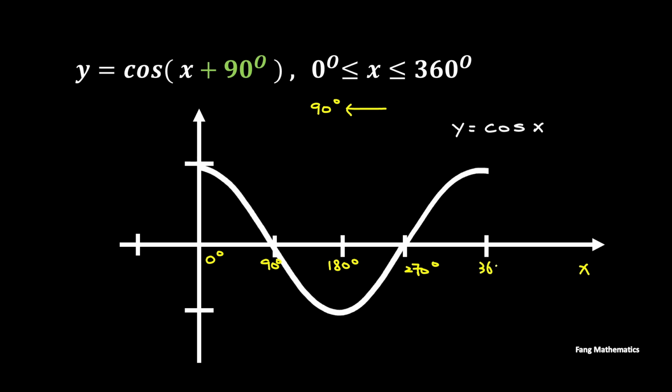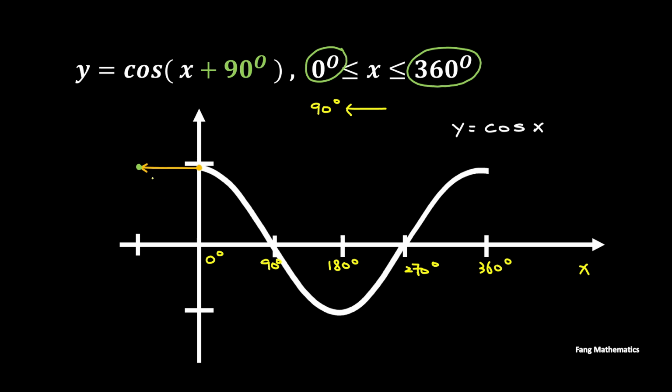And we shift the critical points 90 degrees towards the left. We start from this maxima that lies at 0 degrees. You shift 90 degrees towards the left, and you should have a coordinate here. But remember, this is not important. We look at the domain here, between 0 degrees and 360 degrees.